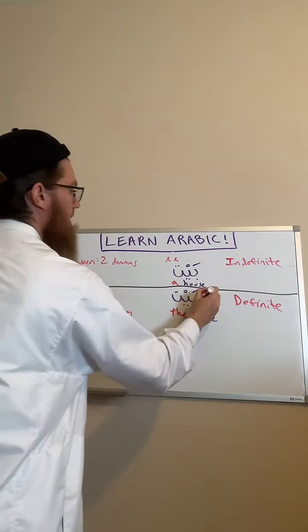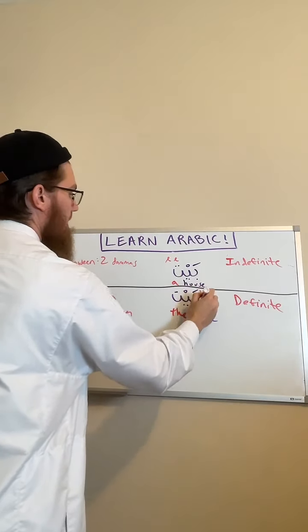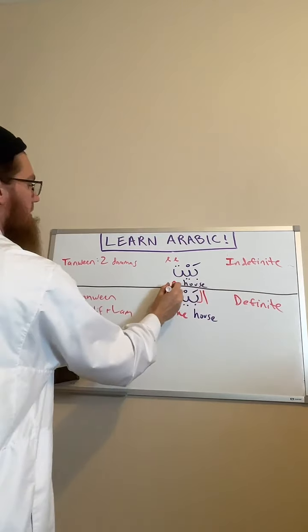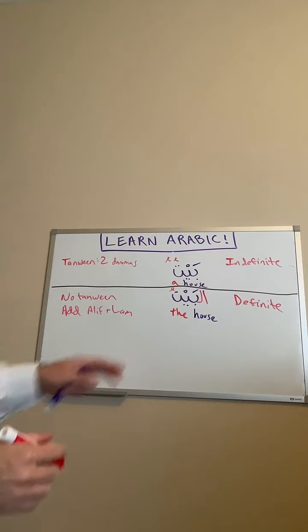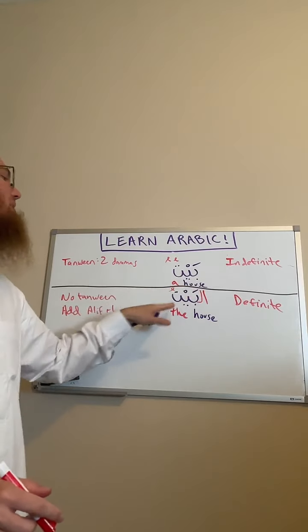So we add alif and lam in the beginning, and there is no tanween. Simple. Baytun, a house. Al-baytu, the house.